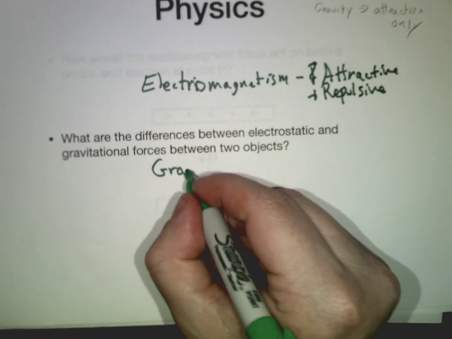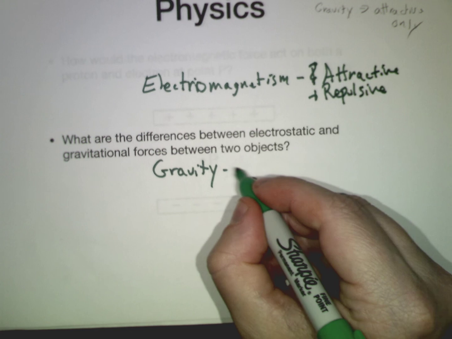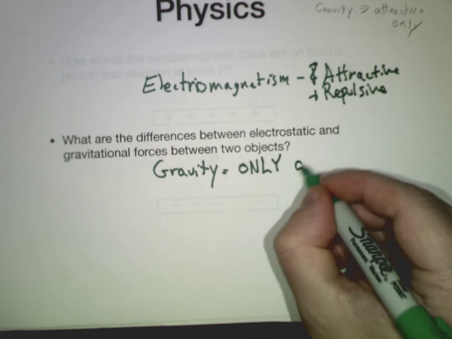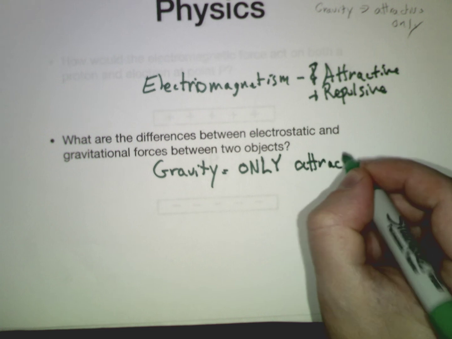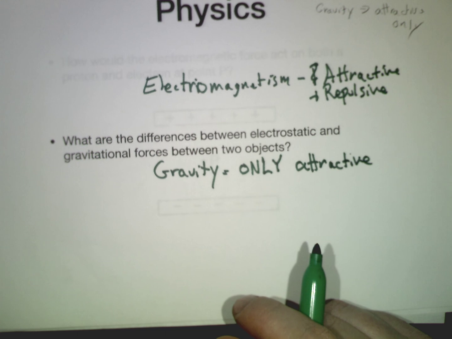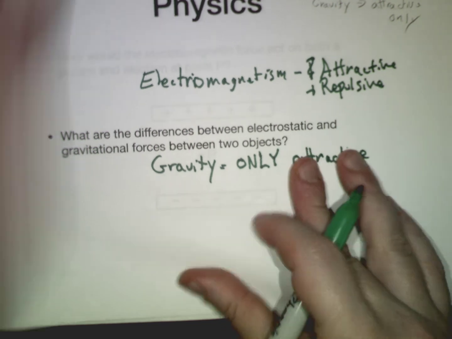Gravity is really one direction. It's only attractive. Hey, if you could ever make it negative, you'd win repulsive, you could probably win the Nobel Prize in Science.